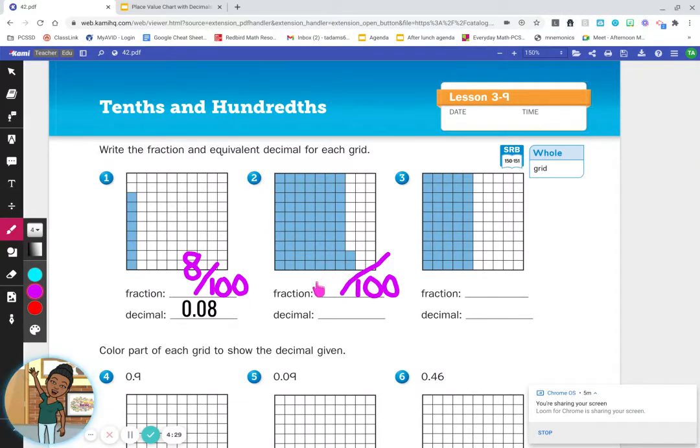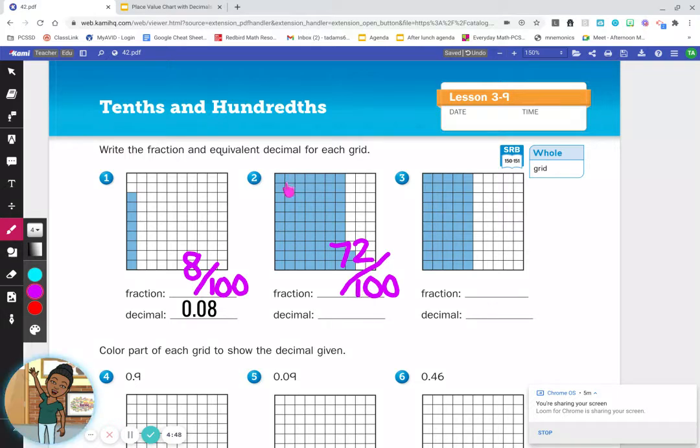Where do I put that 72? Yes, I put that as my numerator. I have shaded 72 out of the 100 squares on the grid.